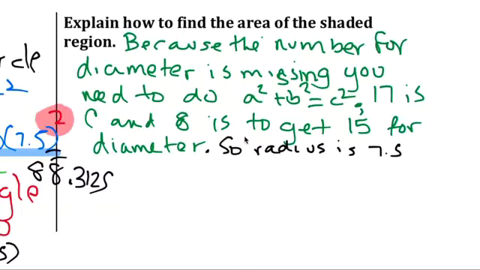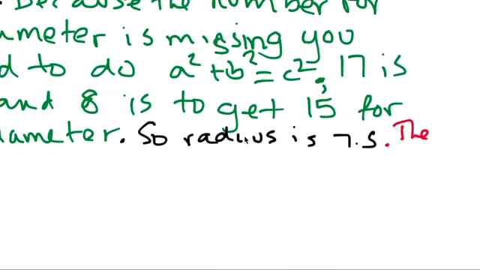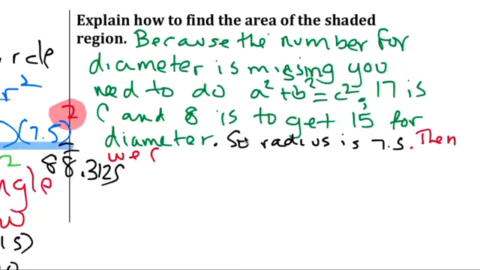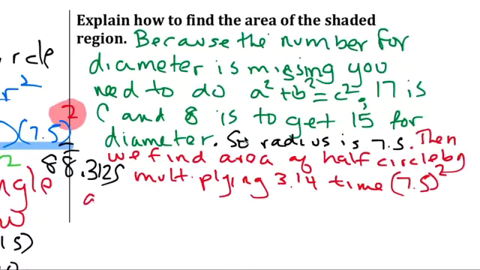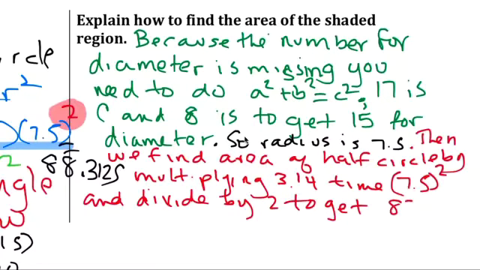Then we find the area of a half circle by multiplying 3.14 times 7.5 squared and dividing by 2 to get 88.3125.